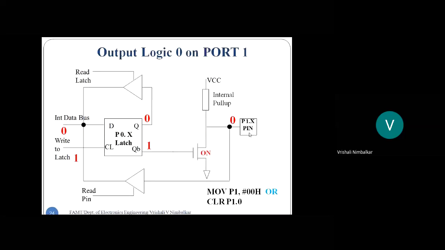Is that okay? Now, let us send logic 1 on the pin. The instruction that can be executed is MOV P1, #01H. So the microcontroller is sending 0s on the remaining pins and logic 1 is sent on P1.0. Let us assume this is the P1.0 pin.